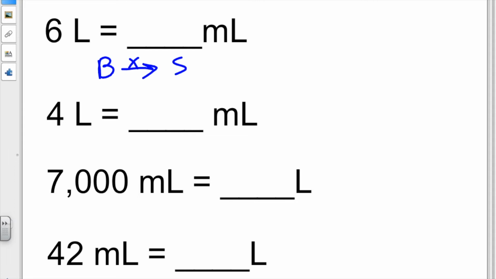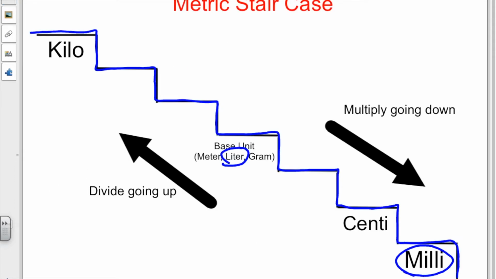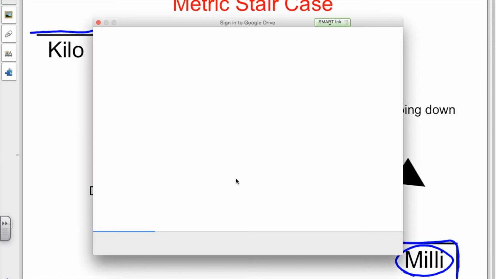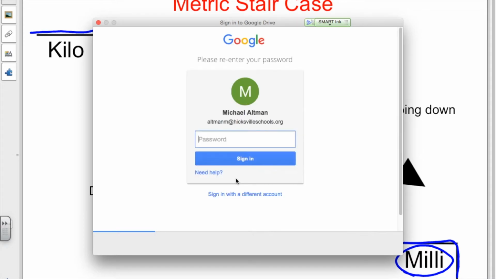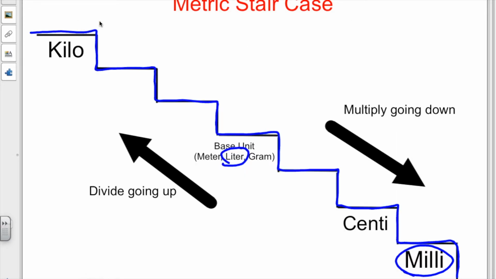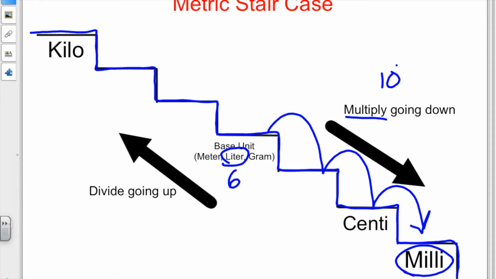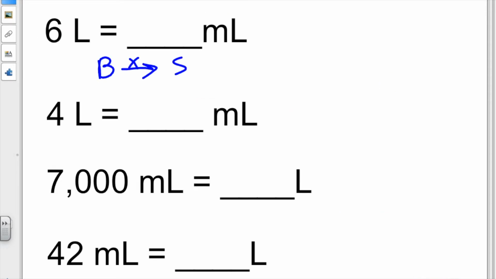Now if you look back, we're starting at liter, and we have 6 of them. And we need to go down to milliliter. So we have to go down 1, 2, 3 steps. So we have to multiply by 10 to the third to figure out your milliliters.